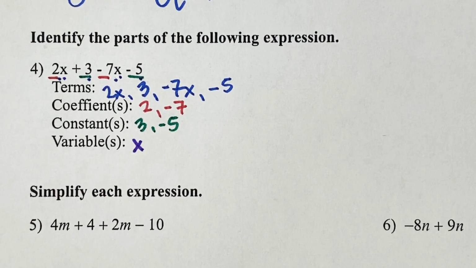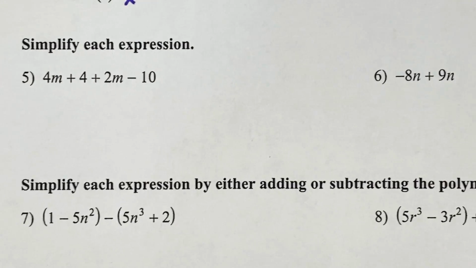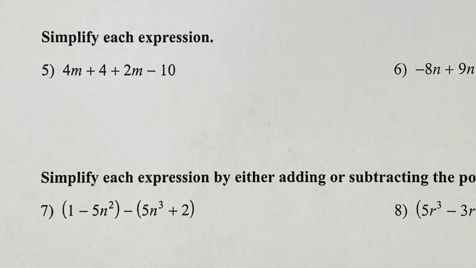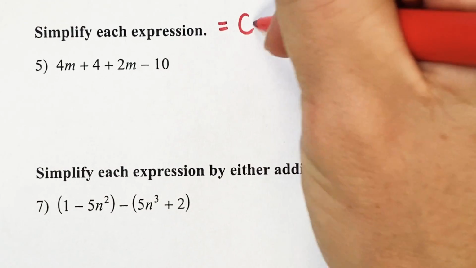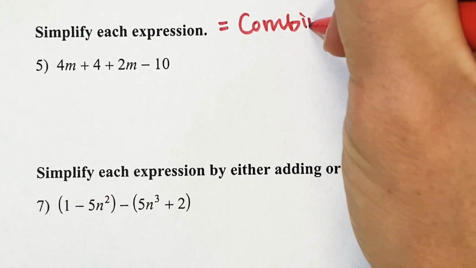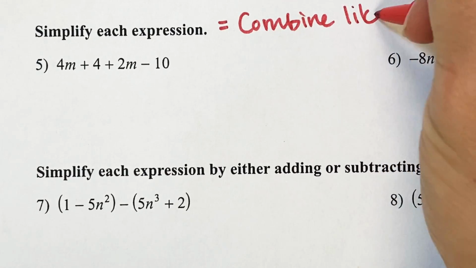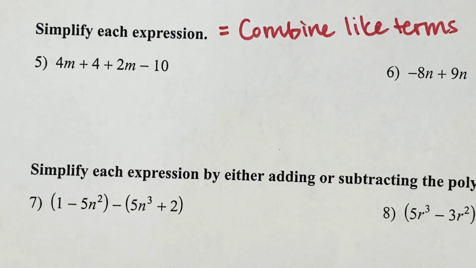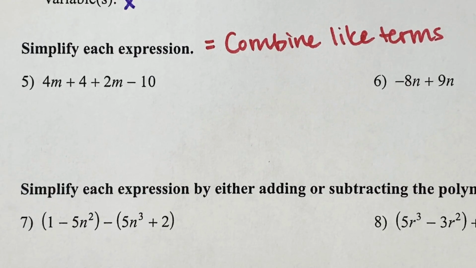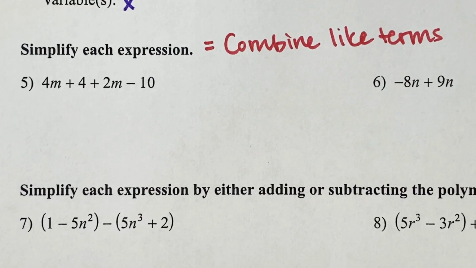Alrighty. So now 5 and 6, it's asking us to simplify each expression. What this means is we are going to have to combine like terms. Okay, for a term to be a like term, it has to have the same variable, and that variable has to be raised to the same power.